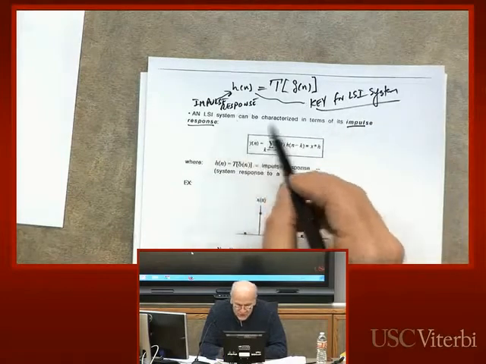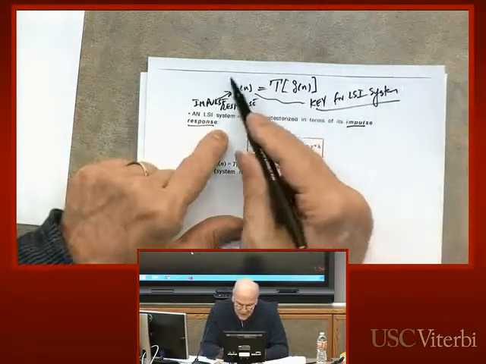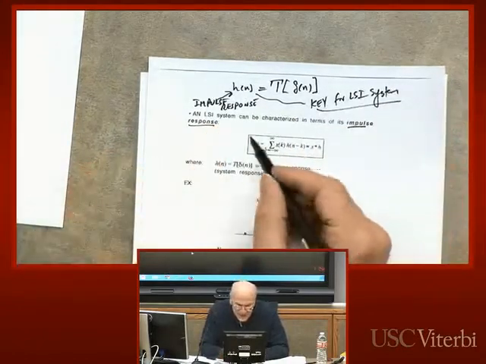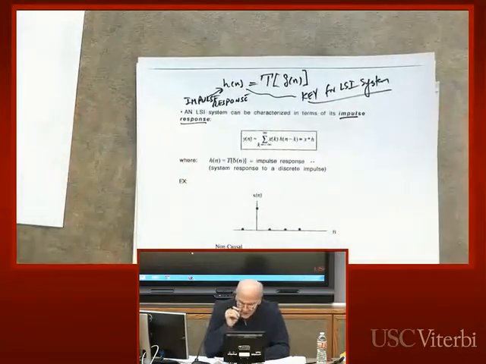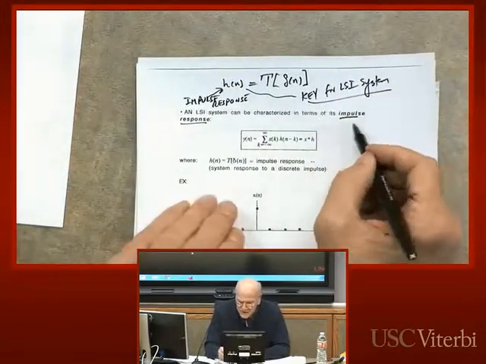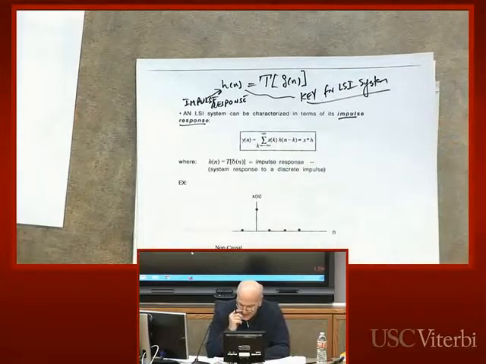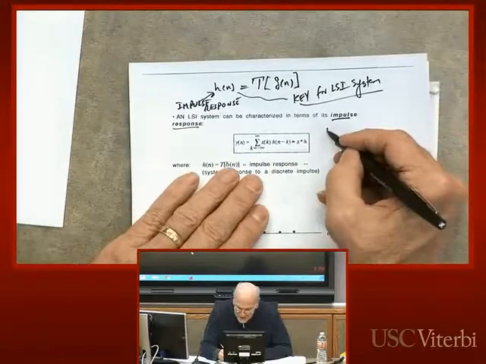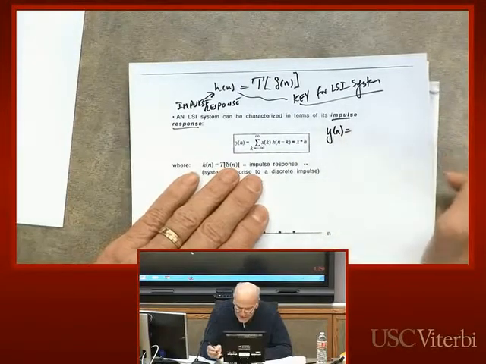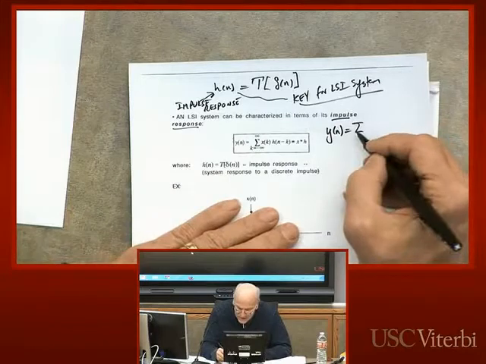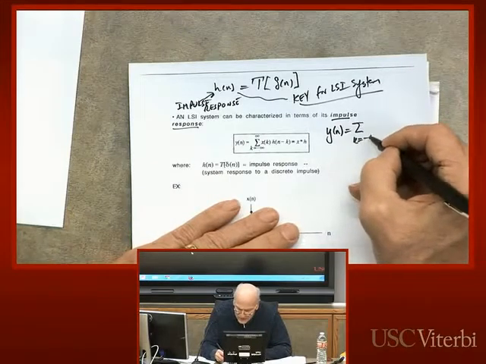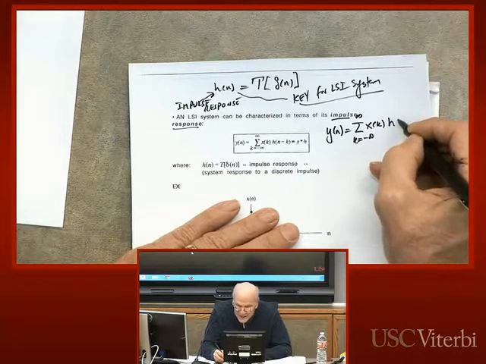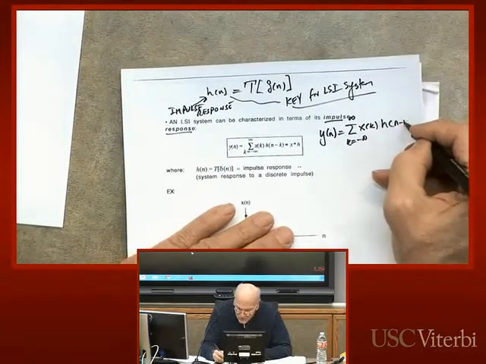Linear shift invariant systems. This is general, but it's a key concept: a linear shift invariant system can be characterized in terms of its impulse response. For any LSI system, I can always write the output as a function of its input like this: the sum of x of k times h of n minus k, a very, very important result.